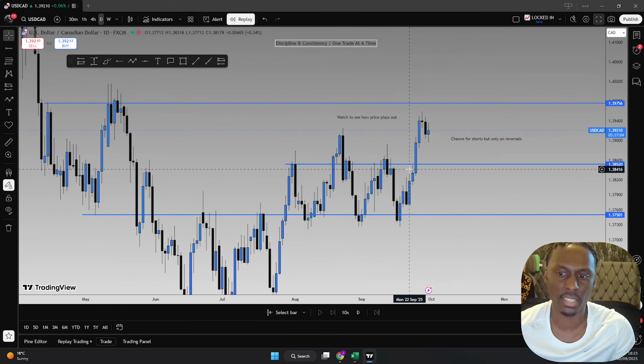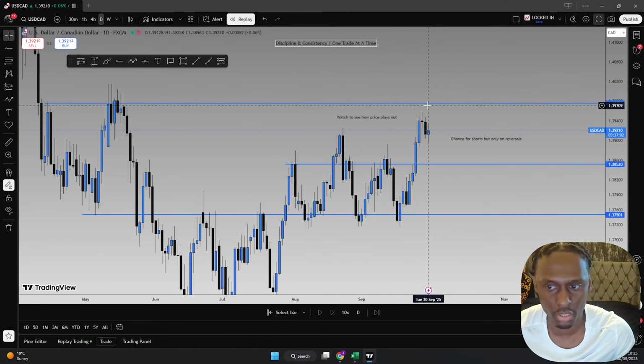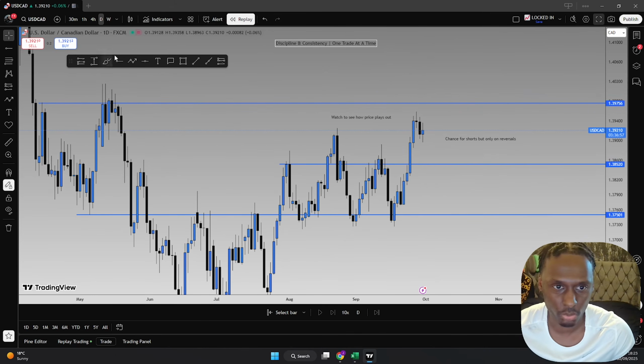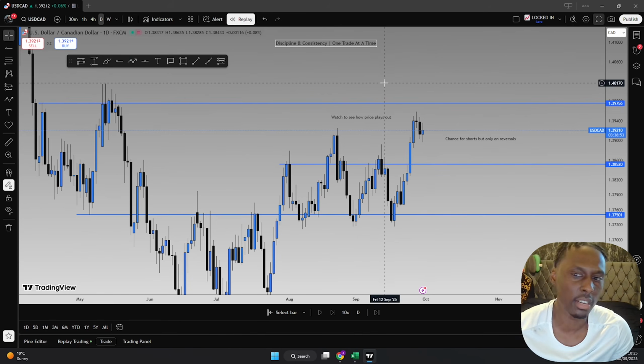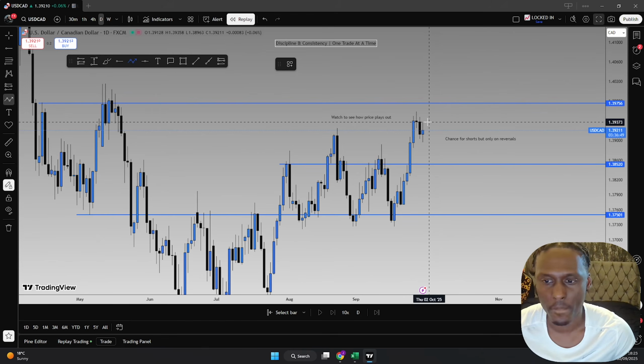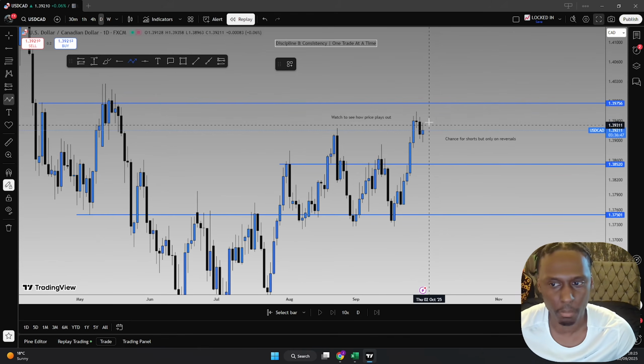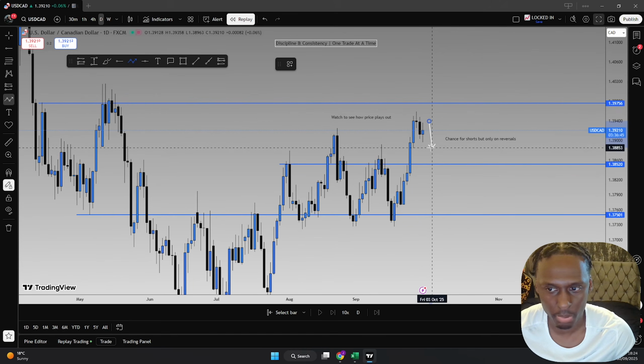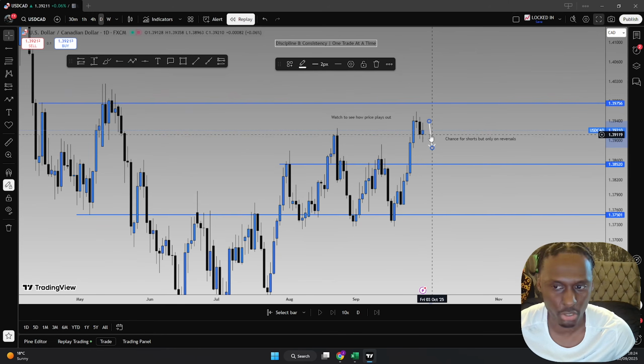So once price on the weekly is bullish, I know from the daily the only way I'm looking to short it is if we get a reversal. The reason I put that rule in place for myself is because I found sometimes I'm too eager if I see a big drop. So let's say I see a big drop. This creates a level, price closes like that on a daily.